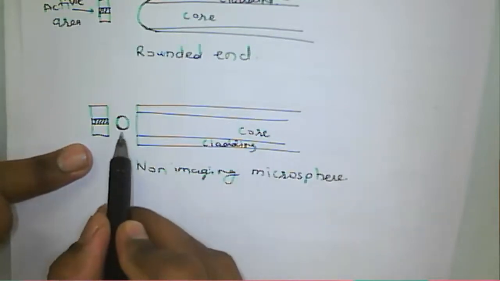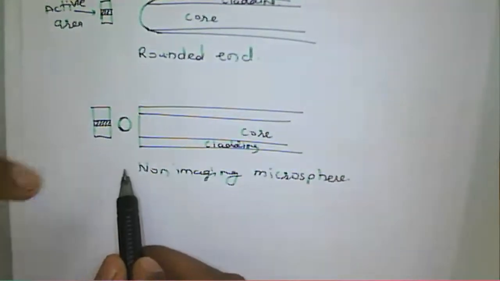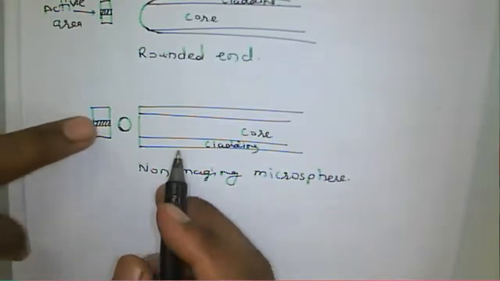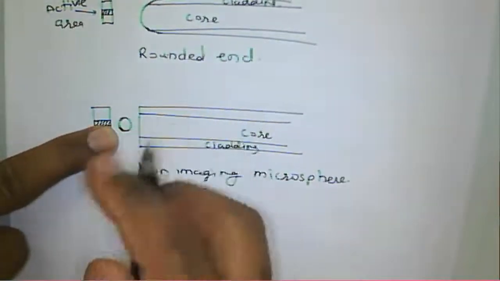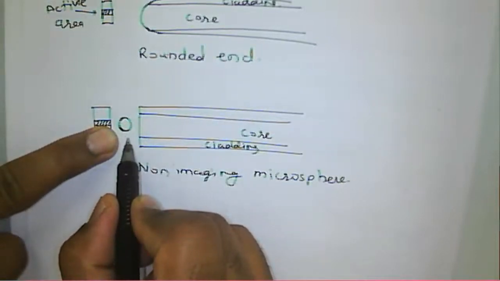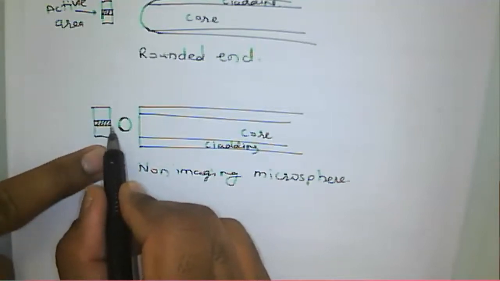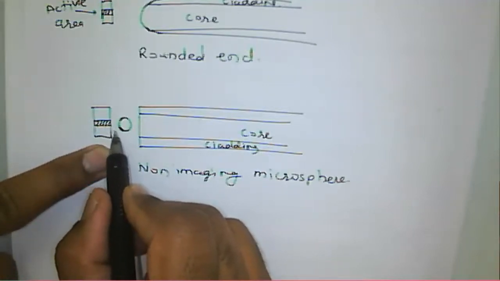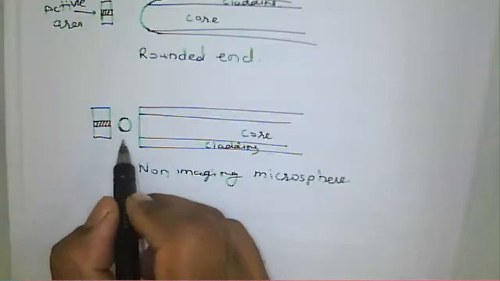So for a given microsphere, we can say it is a small lens, and that lens has some particular focal point. So the emitting surface will be located at the focal point of the lens here.